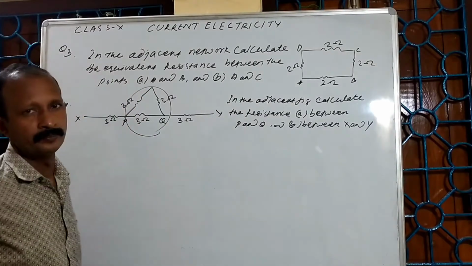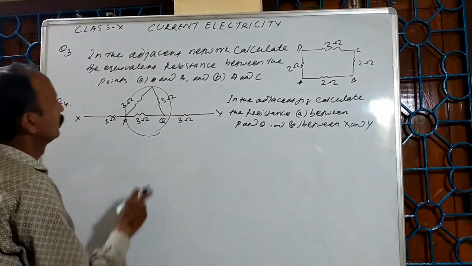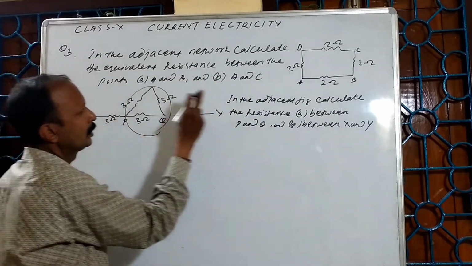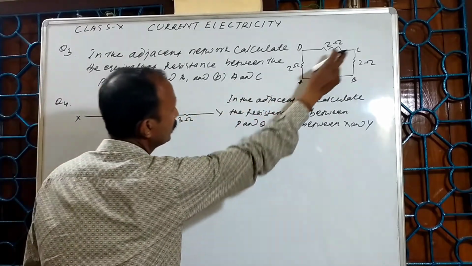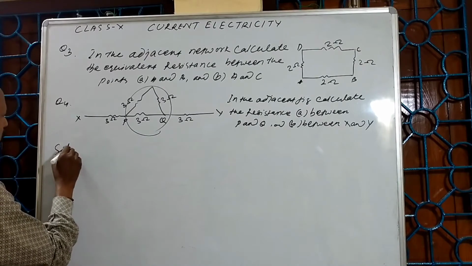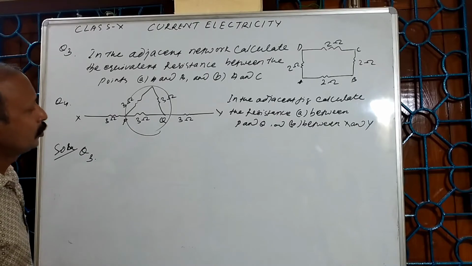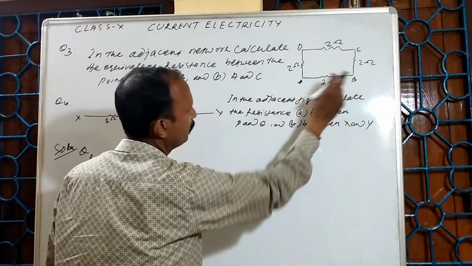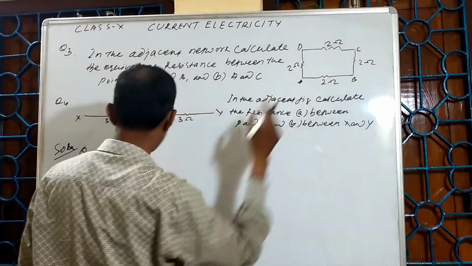Question number 3. In the adjacent network, calculate the equivalent resistance between the points A and B and A and C. Let us see. Question number 3. We have to find out the resistance between A and B. So I can say that these three are connected in series.